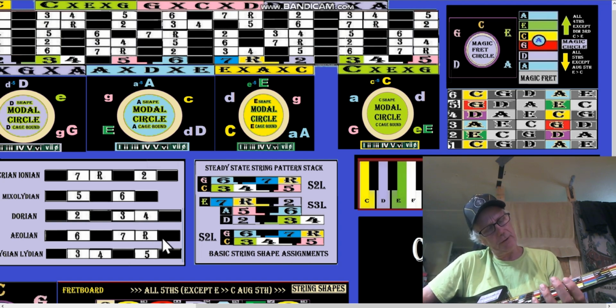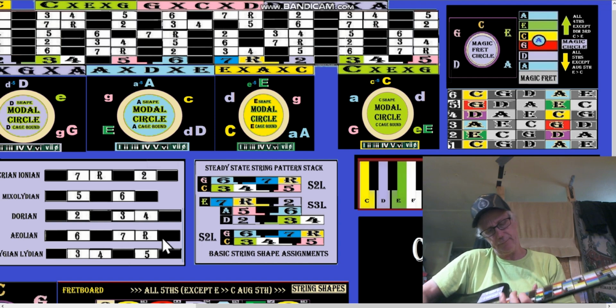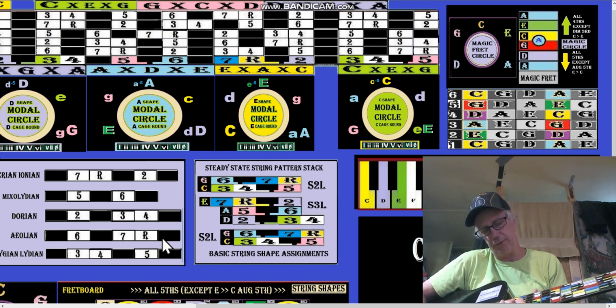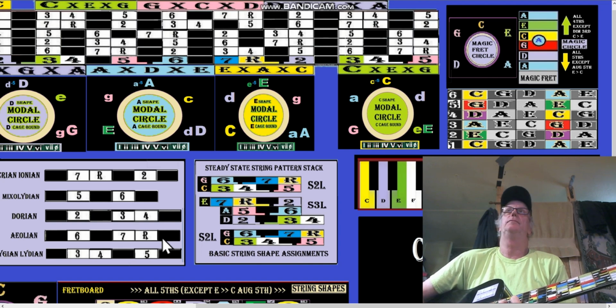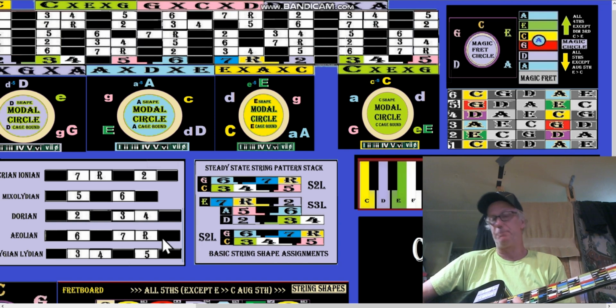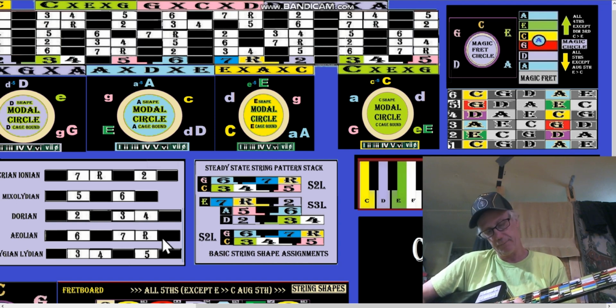So we're going to be looking for an A on the third string. Could be right here. This guitar doesn't have the light blue. So there's my, what we were talking about, G shape on the third string. That put me right in the E box. Here's your E box.